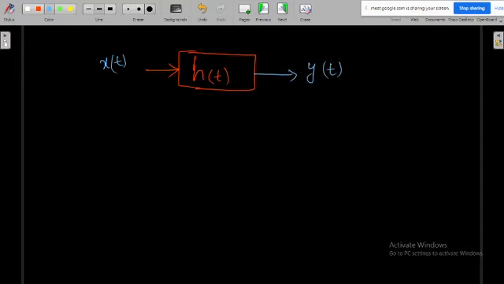You might have studied the same things in control systems also. Whenever a system is there, we characterize it with h of t, the input is x of t and the output is y of t.